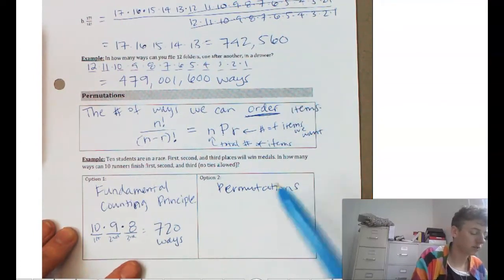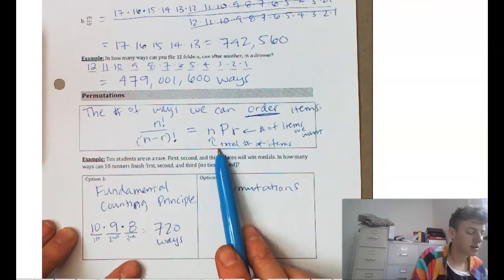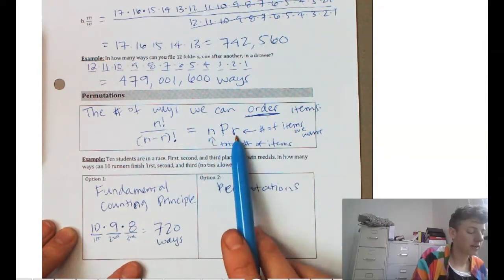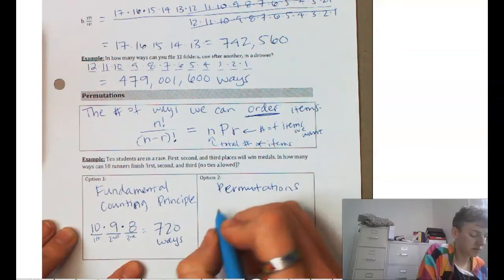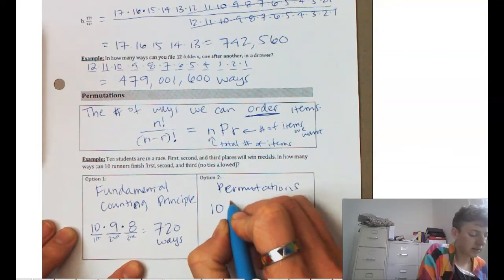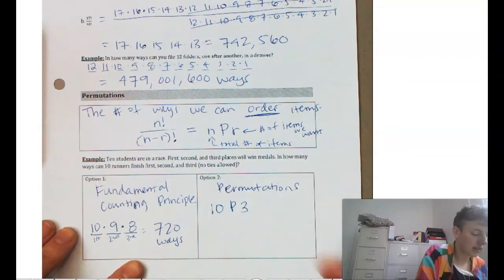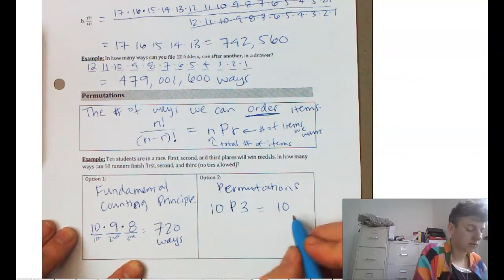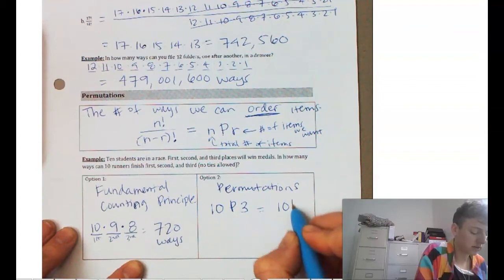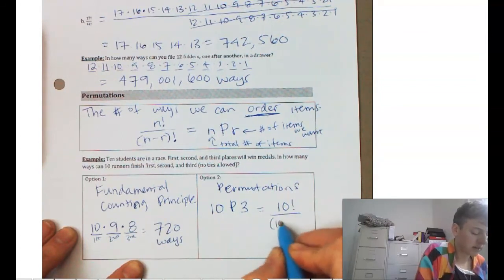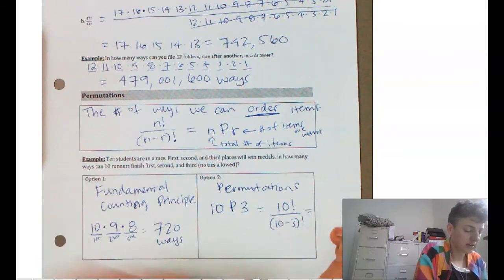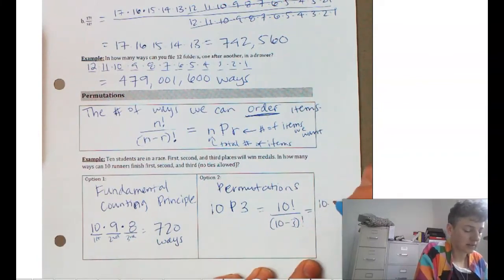We are trying to take 10 people and put them in order in 3 different spots. So we'd be doing 10P3, aka 10 factorial over 10 minus 3 factorial, aka 10 times 9 times 8 times 7 factorial.